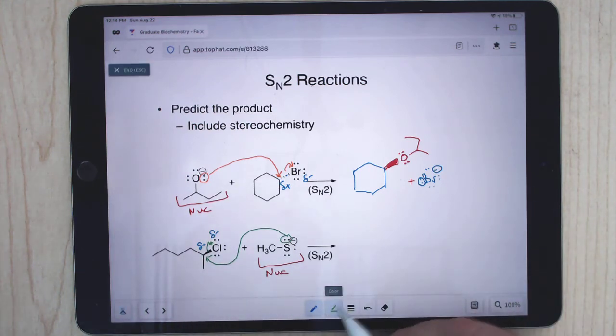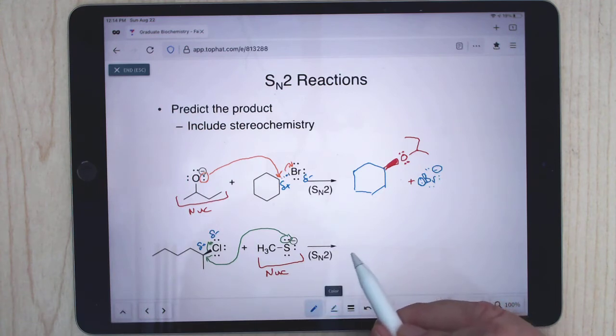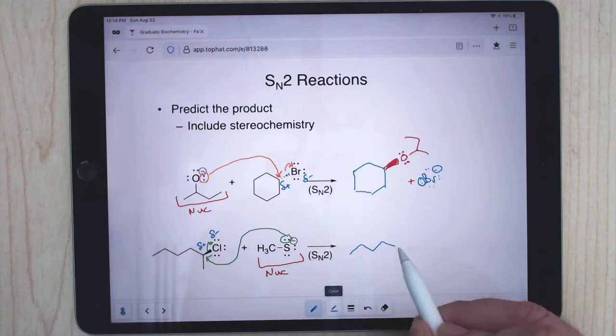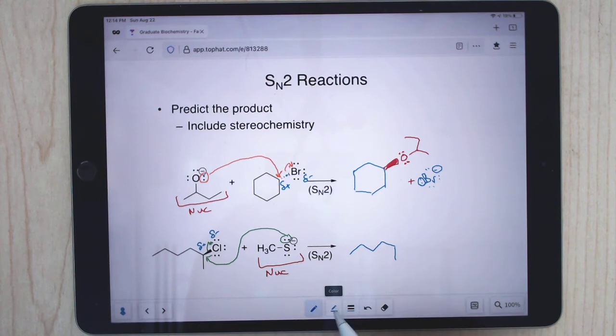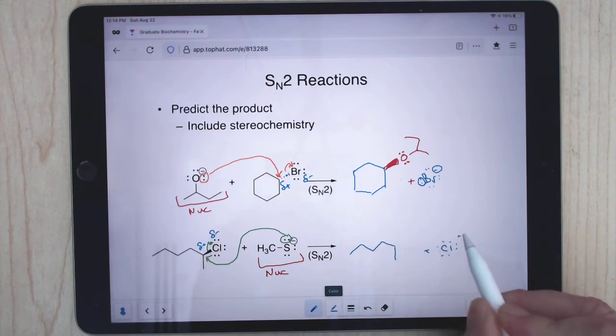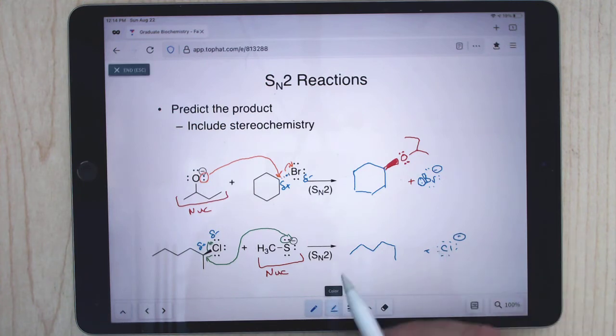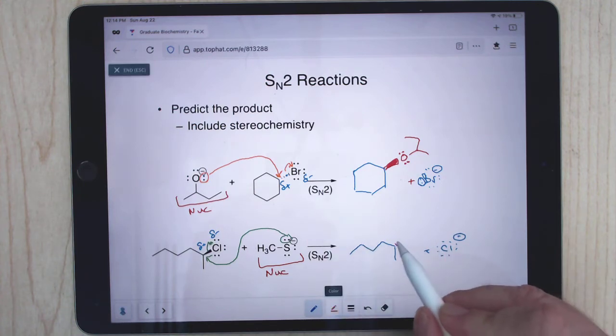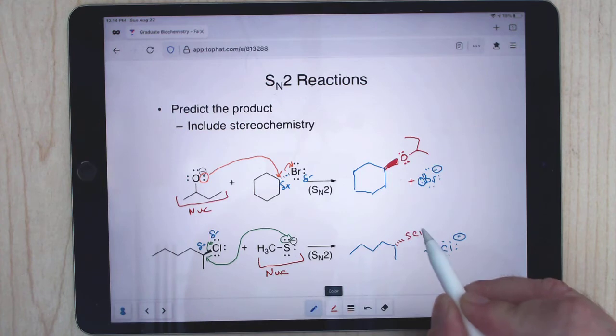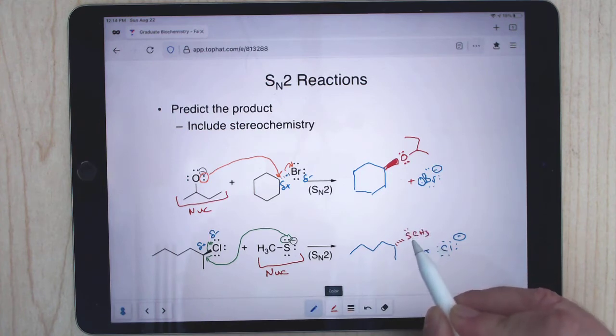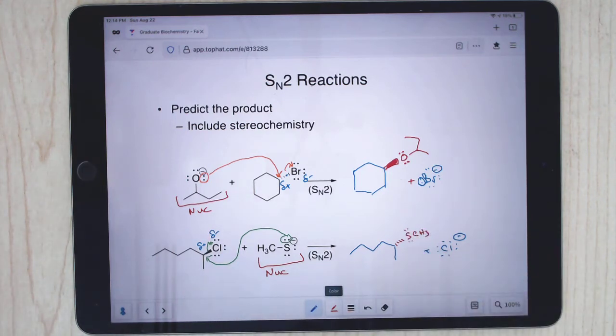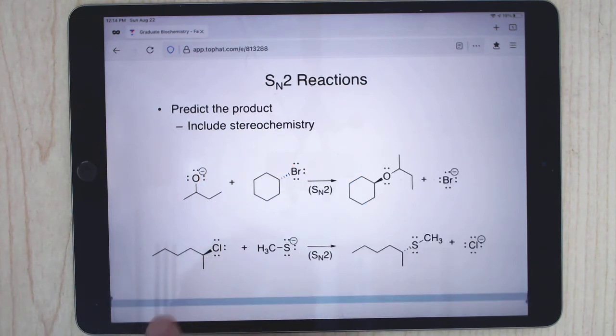And so that means our nucleophile is going to be on a dash, plus Cl. Like that. There we go.